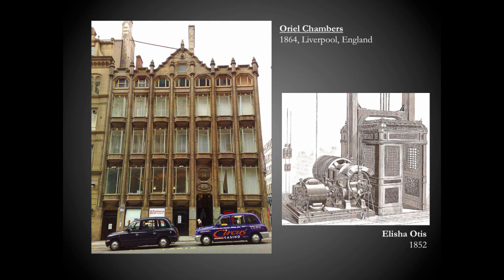What Elisha Otis managed to develop was a braking mechanism. That was the big contribution. His elevators were highly successful, and as his demonstration he got in one of his own elevators and had the ropes cut, and although the elevator fell a few feet, it didn't fall at all significantly.